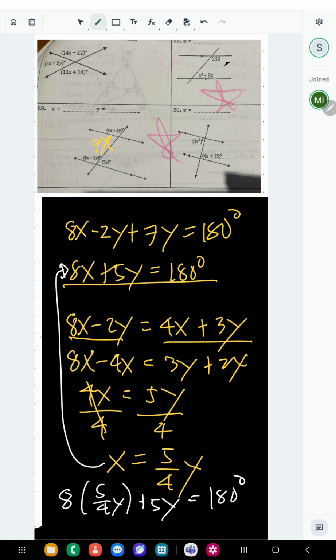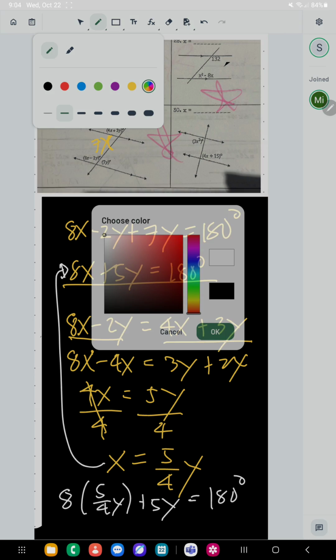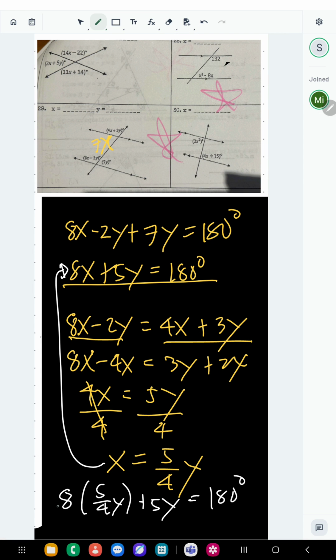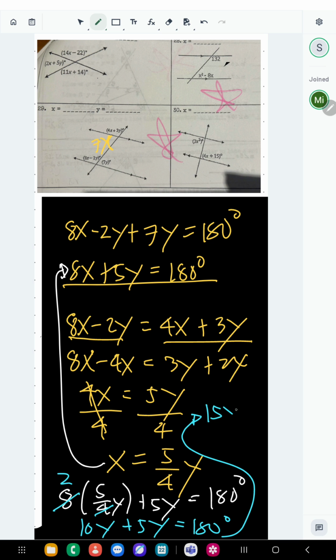We can solve for y now. 8 divided by 4 is 2, so that will become 2. Then 2 times 5 is 10. So this is 10y plus 5y equals 180 degrees, and 10y plus 5y is 15y equals 180 degrees.